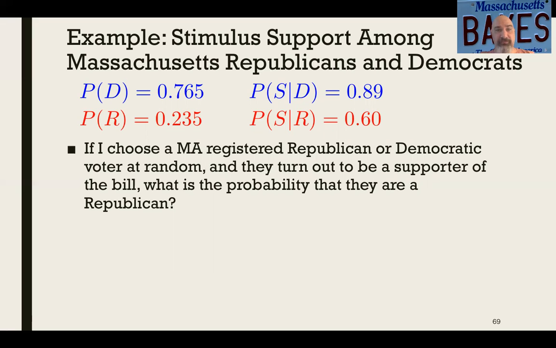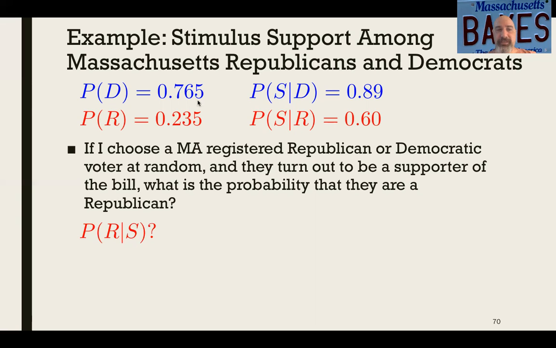So the evidence we have is what? It's that they support the bill. So that should give us potentially some information about the relative chances that they might be of one party or another. So we're looking for the probability of Republican given support of the stimulus. We have the probability of the inverse, the transposed conditional.